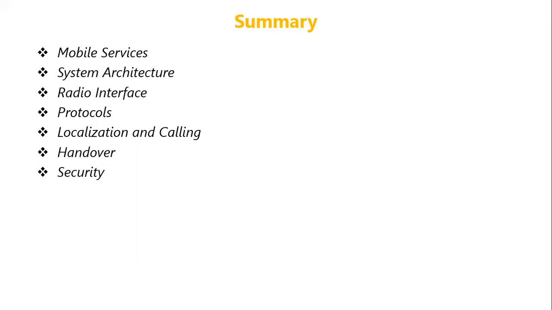How authentication works, how the random number is used as a challenge-response method for authentication, and how encryption is done by creating a cipher key. These things we have discussed under security services offered by GSM.